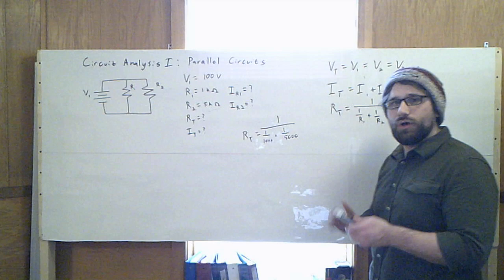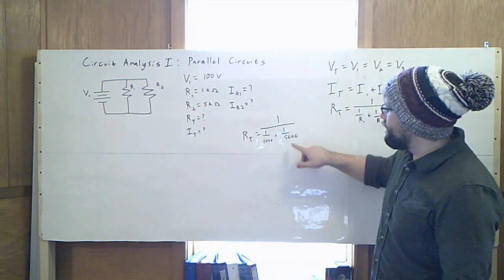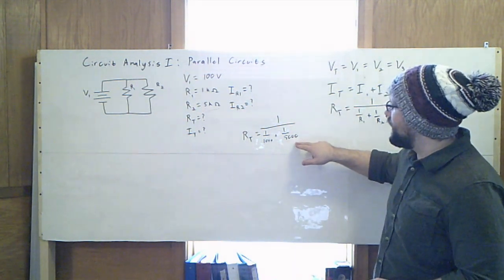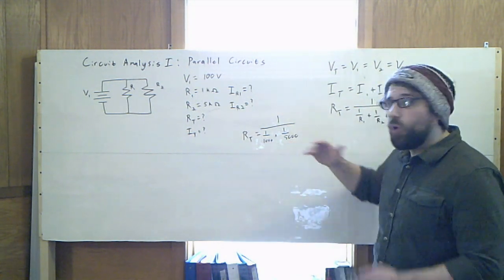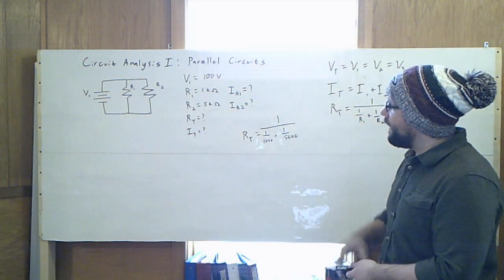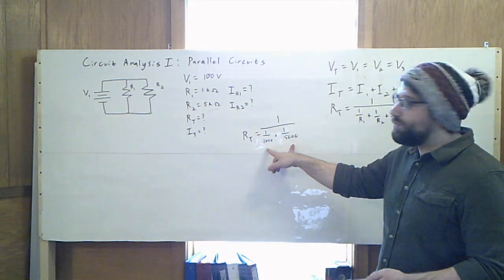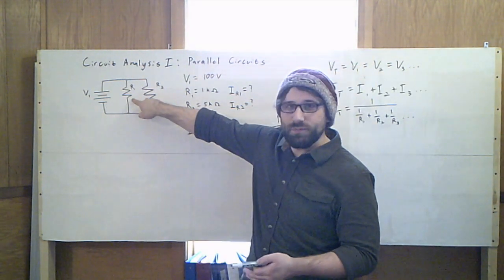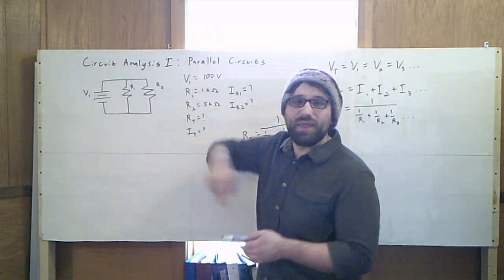Now I encourage you to go through the math, look at what 1 over 1,000 is, plus 1 over 5,000, just look at that answer. And if we look at those together, we'll see that the reciprocal of that is lower than both of them. The whole idea is that whatever resistance we come up with has to be lower than either of these possibilities. Because even if this resistor gets too crowded, the 1,000 ohms, the electrons still have the other resistors that they could go through.